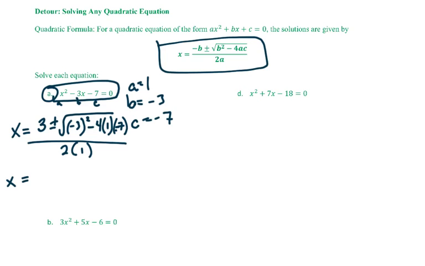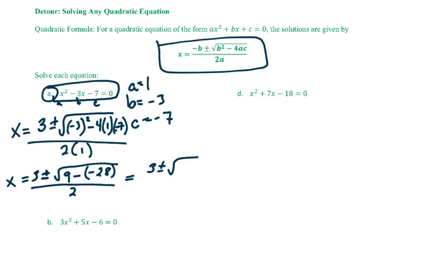Here we have 3 plus or minus the square root of 9 minus negative 28, over 2. 9 minus negative 28 is the same thing as 9 plus 28, which gives us 37. So I have 3 plus or minus the square root of 37 over 2.